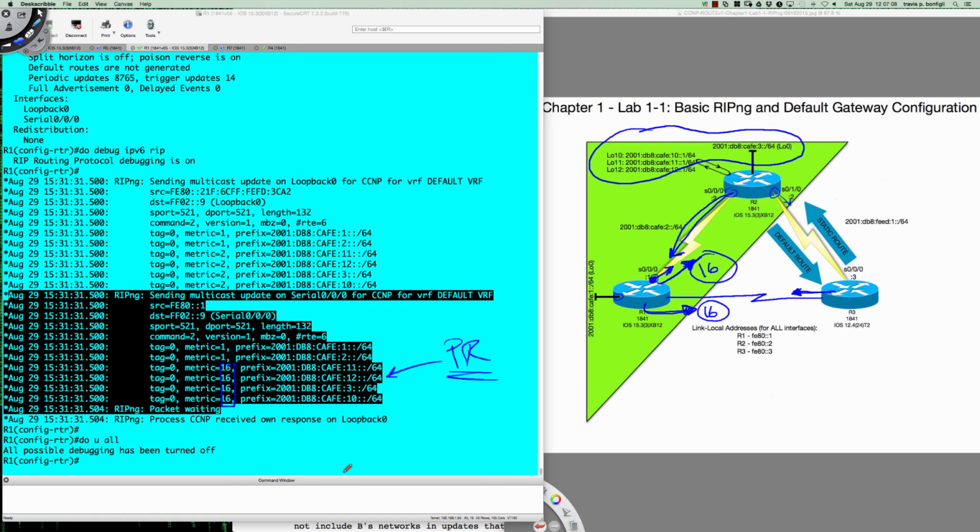Again, we took a look at a number of things. We saw what the RFC said should be implemented. We saw that, at least right now, with the version of code I'm running, which is 15.3, and I haven't tested this on 15.4 or 15.5, so maybe it's in there, but with 15.3 code, there's no way for me to adjust the poison reverse or the Split Horizon on a per interface basis, right? Right now, it's all or nothing.